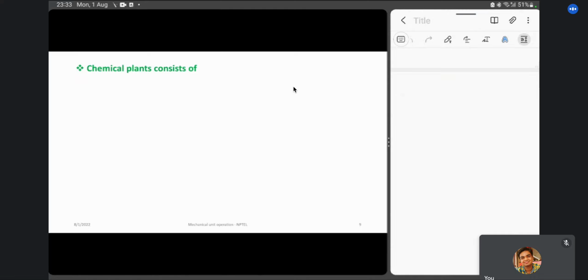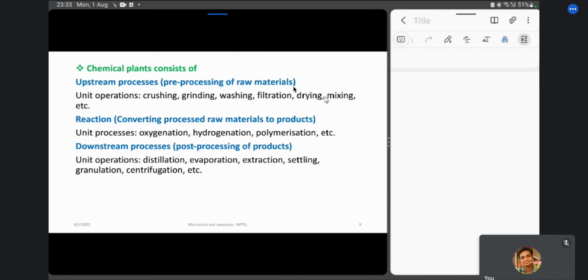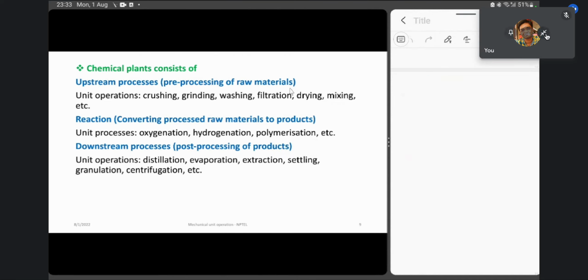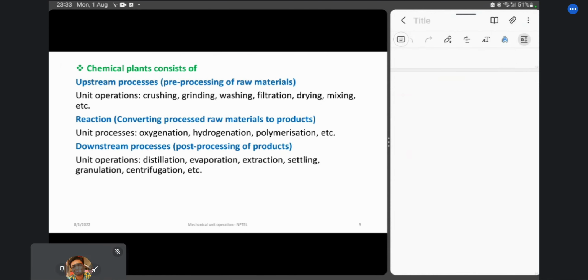Chemical plants consist of mainly three things. Okay, so a chemical plant consists of three steps: one is the upstream process, another is the reaction, and the third is the downstream process.